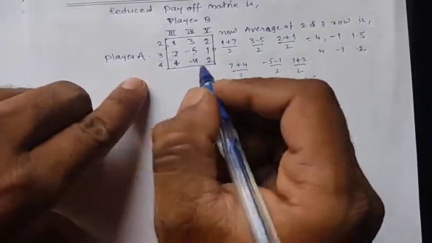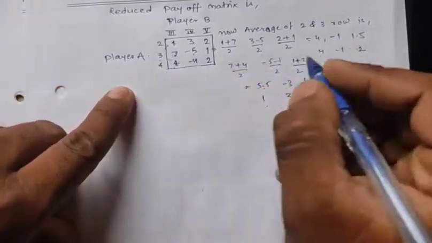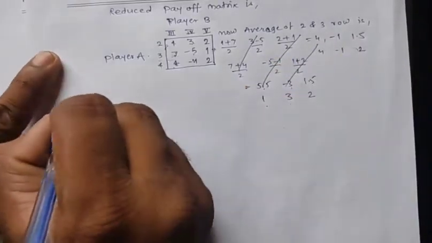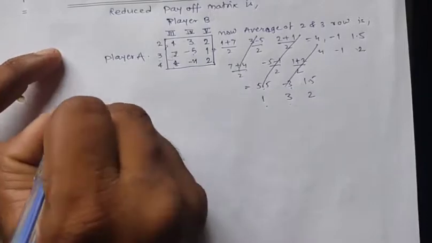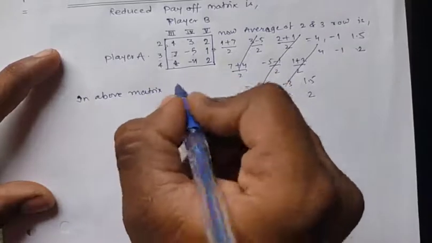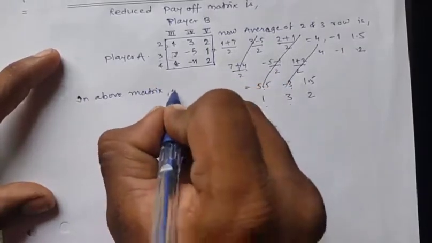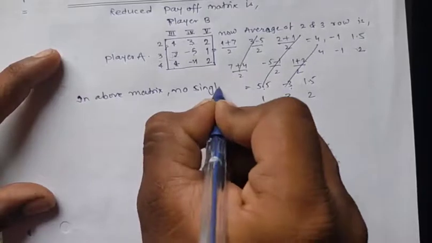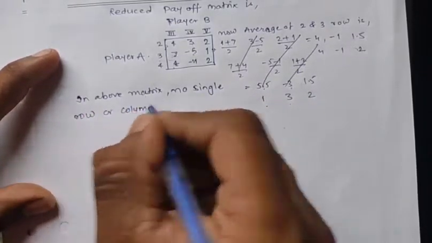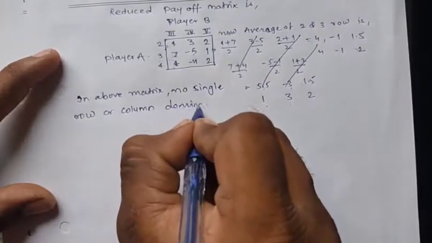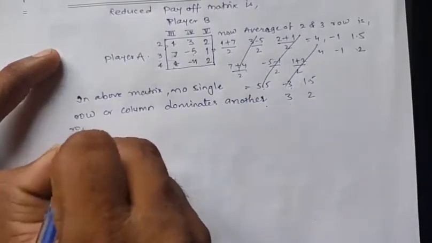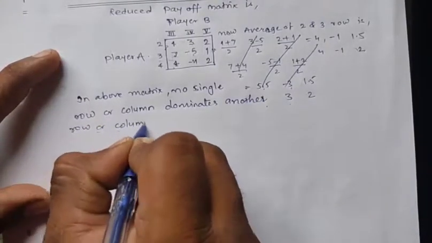Now we will perform the column operation. In the above matrix, no single row or column dominates another row or column.